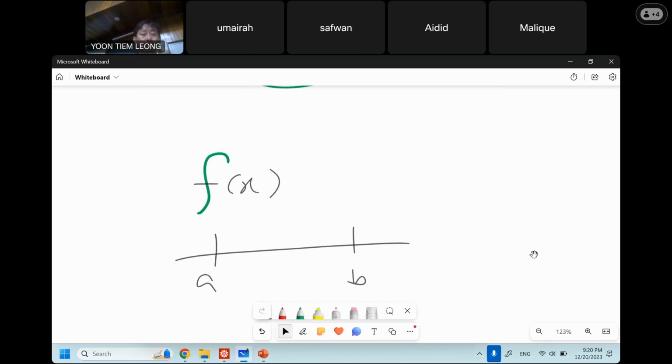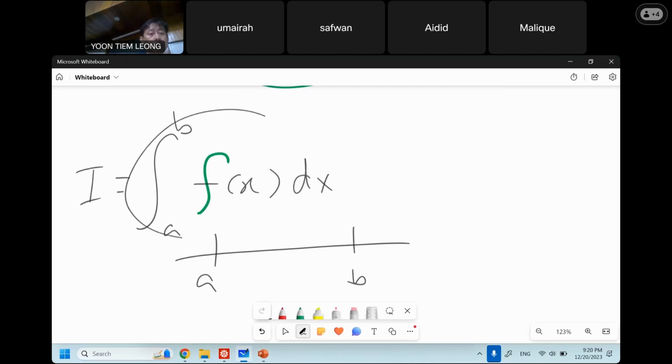And if this function f is integrable, then I represent the limit of the Riemann sum by this symbol. So I equals this symbol, which represents the value of the integral, the Riemann sum of the function.